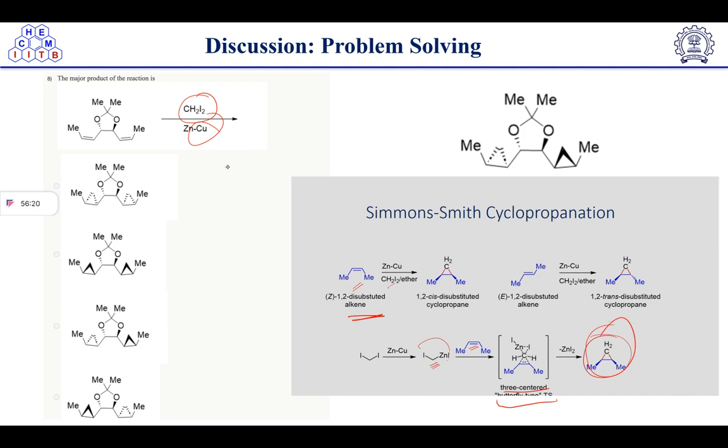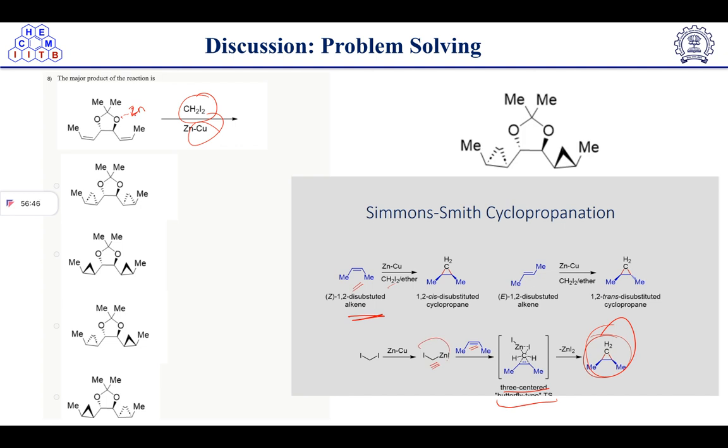So the cyclopropanation will take place over here and here, but here the stereochemistry matters. So you can see that this OH group, this alkoxy group, is on the front side, right? And because of this, chelation will take place, because zinc will chelate with this oxygen atom, right?